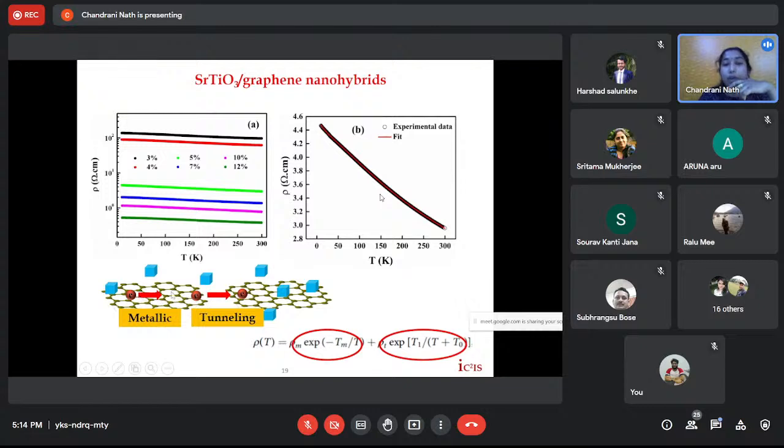The model suggests that in the graphene nanoflakes, conduction was mainly occurring as metallic conduction, as we all know graphene is a very good conductor. On the other hand, tunneling of electrons was taking place from one graphene flake to another.